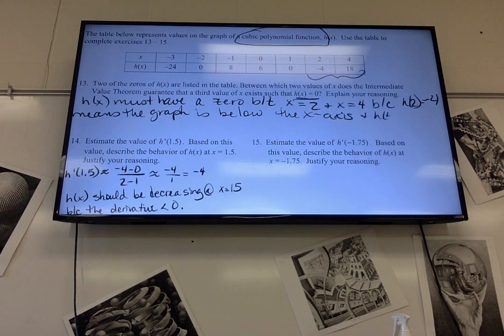And h of 4 equals 18, which means the graph is above the x-axis.